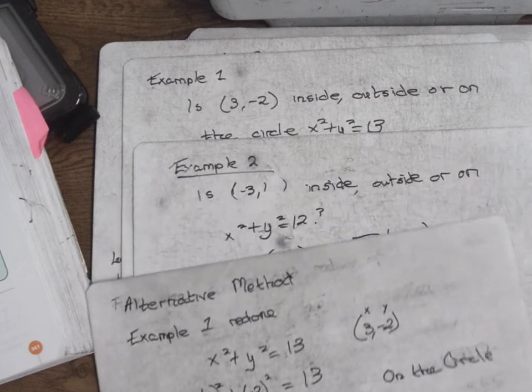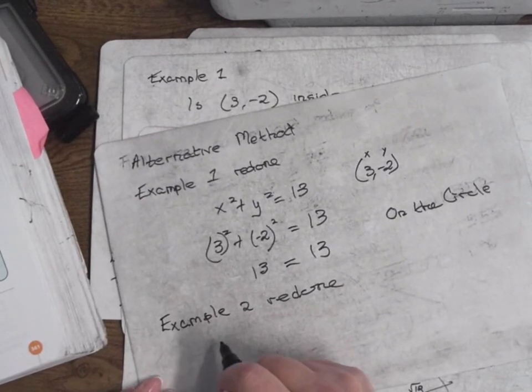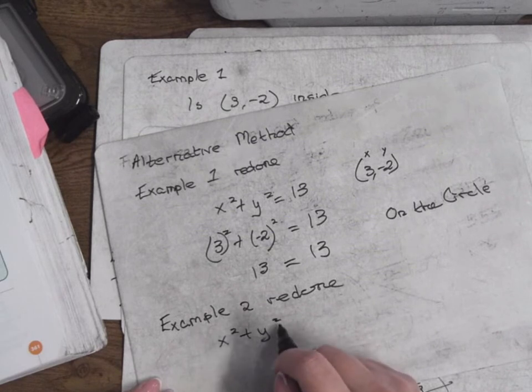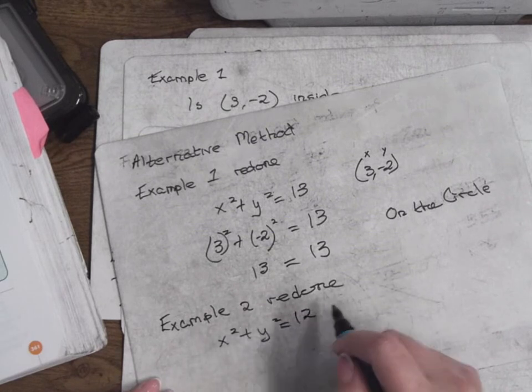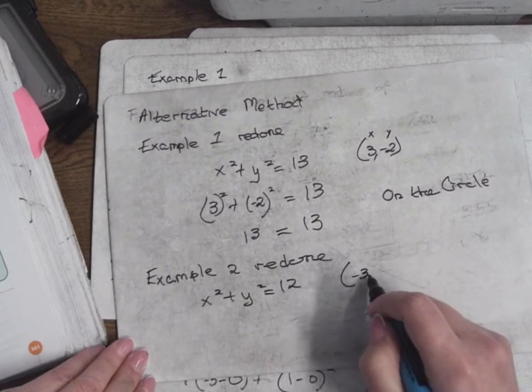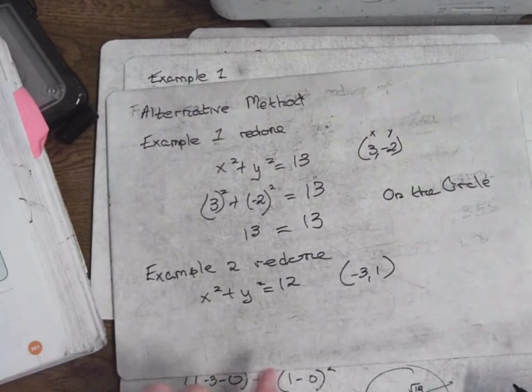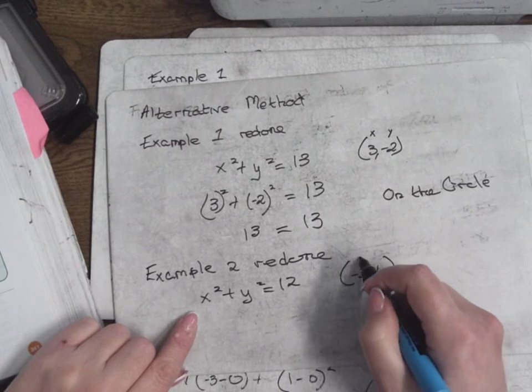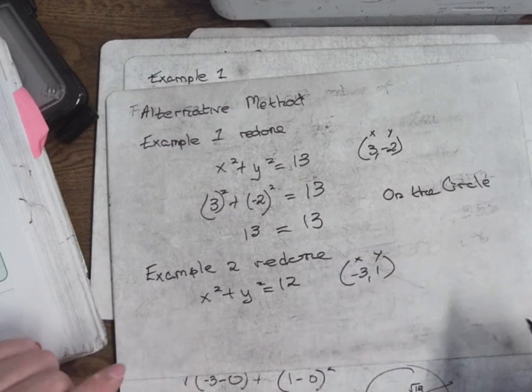Right, so example 2 was x squared plus y squared equals 12. And the point was minus 3, 1. Okay, so everywhere I see an x, I'm putting in a minus 3. Everywhere I see a y, I'm putting in a 1.